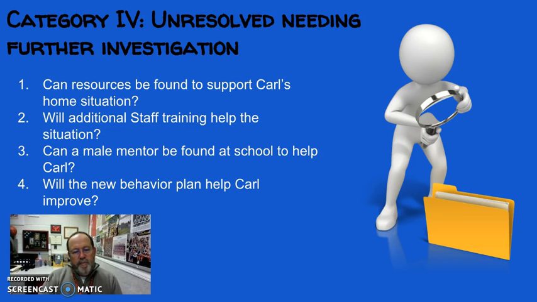So we kind of butted heads at times because they weren't used to having a male order them around. I mean, especially a white male. But I think one of the things that could be found was a stable and good, caring male member that can help Carl at the school. And will the new behavior plan actually help Carl? I mean, you need to track it and make sure that improvement's being made.